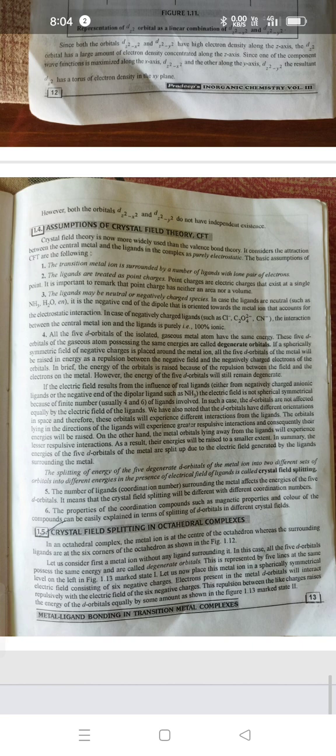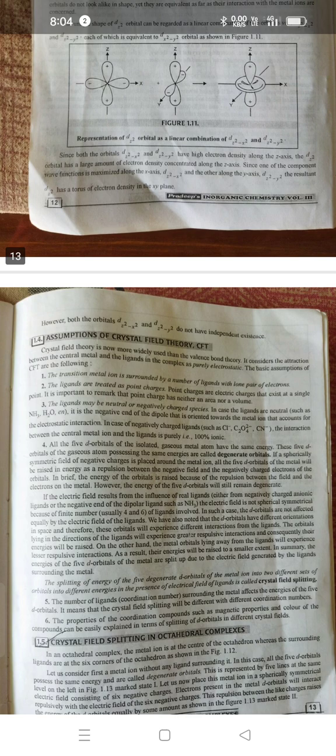The second factor affecting is the oxidation state of the metal ion. The magnitude of the crystal field splitting depends upon the oxidation state of the central metal ion. Trivalent metal ions cause larger crystal field splitting than divalent metal ions.